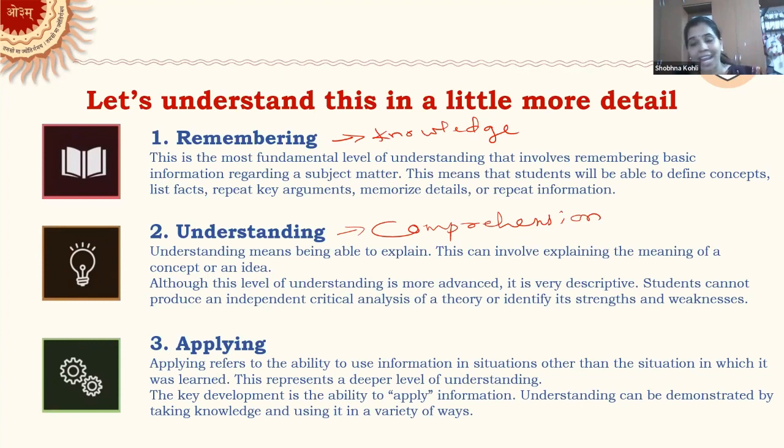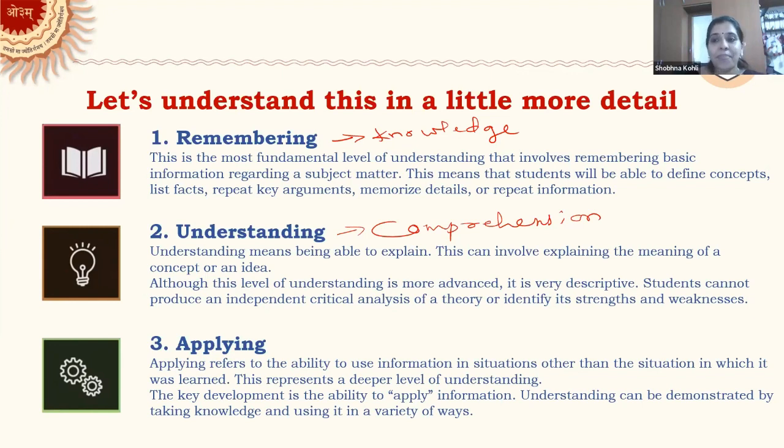If the child can calculate that 4 packets of biscuits will cost ₹20 and he has enough amount to buy those packets, what can we say? The child is at this level, he is able to apply what he has learned.